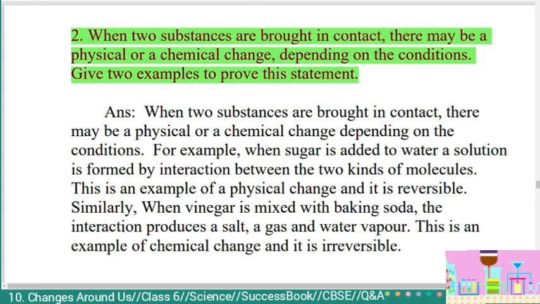This is an example of a physical change and it is reversible. Similarly, when vinegar is mixed with baking soda, the interaction produces a salt, a gas and water vapor. This is an example of a chemical change and it is irreversible.